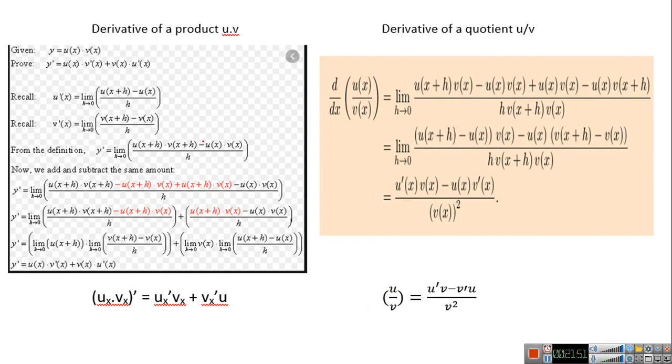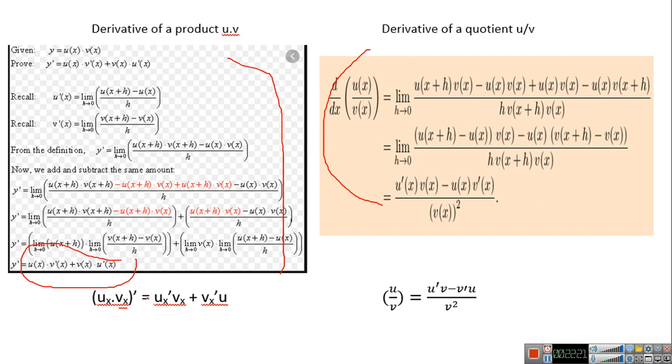Now we're going to go to another formula: the derivative of a product, and the derivative of u over v. This is the proof. If you want to, you can read it by yourself. If you do this proof, you're not responsible for it. You can say that if you have the product u times v, we have proved that the derivative is u prime v: you derive the first times v without derivative, plus you derive the second times the first without the derivative.